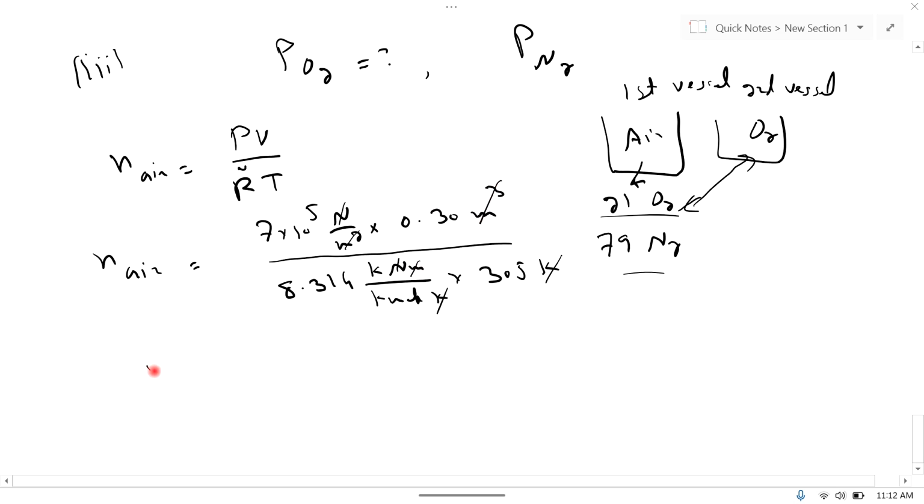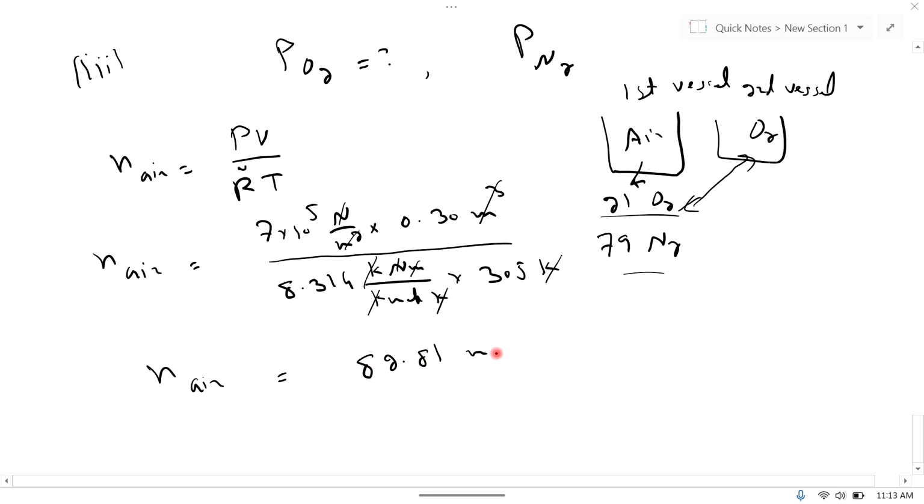Now n of air, simplify this, is equal to 82.81. This kilo will be cancelled with kilo, so this is basically 82.81 mole.